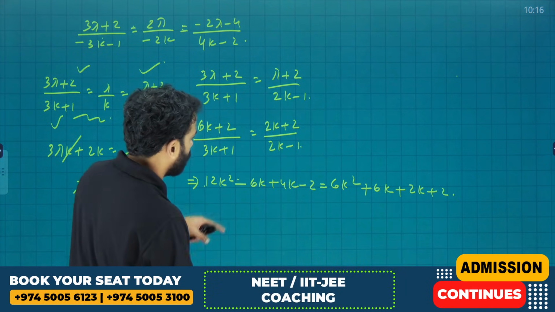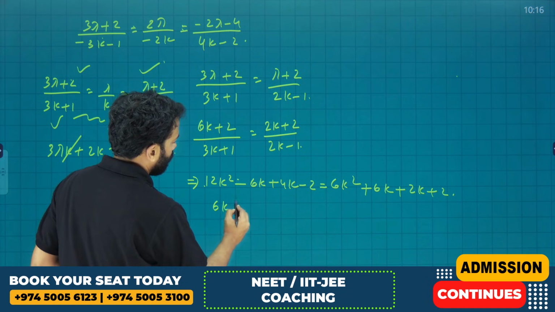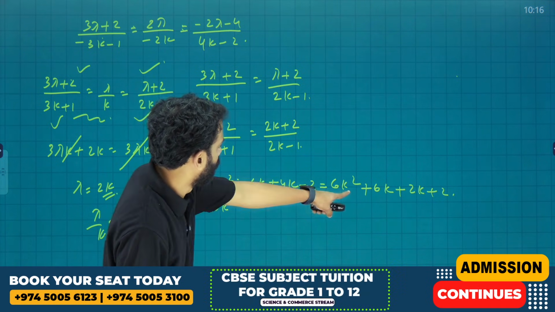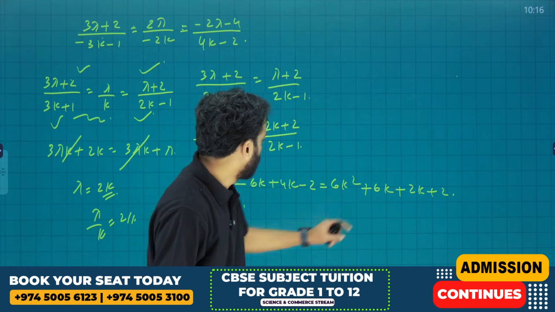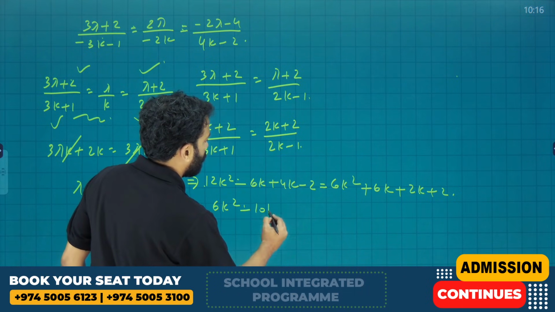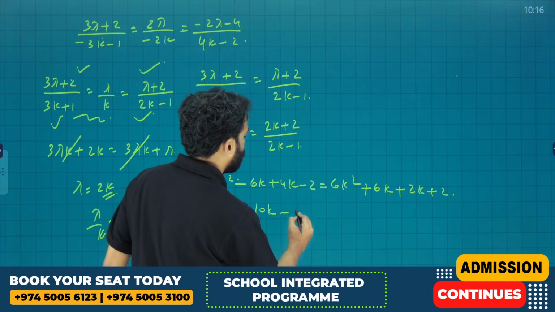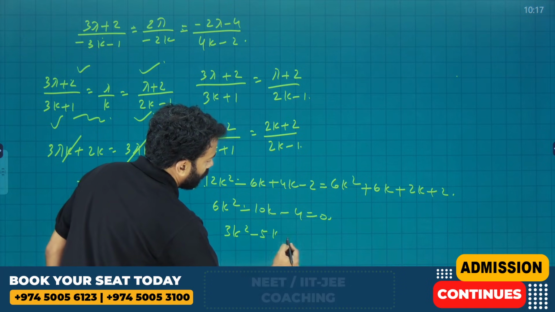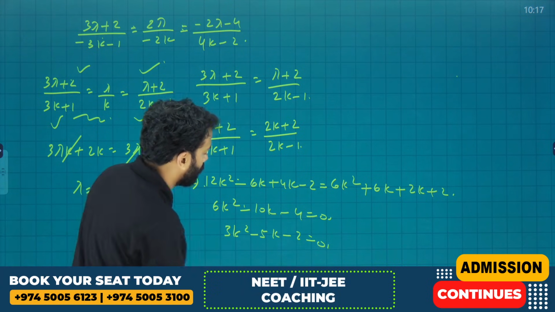So 12k square minus 6k square is 6k square, minus 6k minus 2k, minus 2k, 8k, minus 10k, and minus 4 is equal to 0. That is 3k square minus 5k minus 2 is equal to 0.